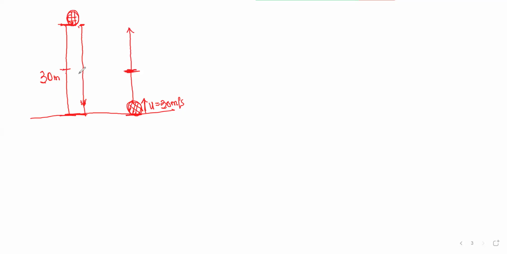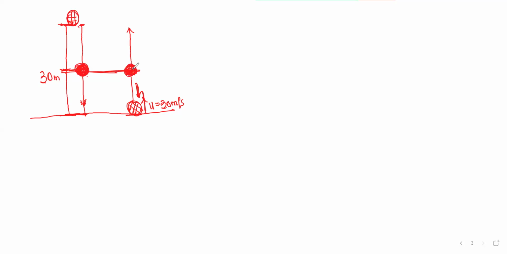if this meets or crosses the other one at a height h from the ground, I mean the second stone, if it meets this one at a time at a height h from the ground, then let's assume they are all meeting at this point.